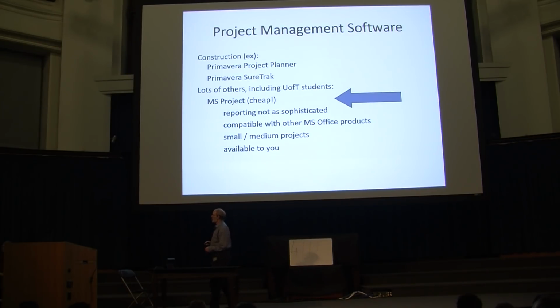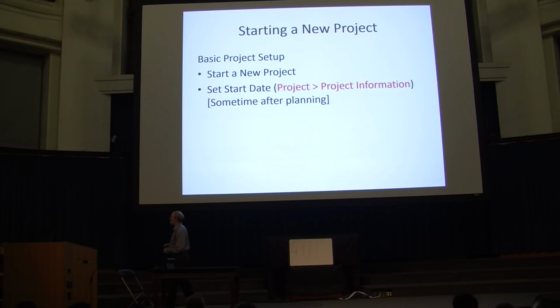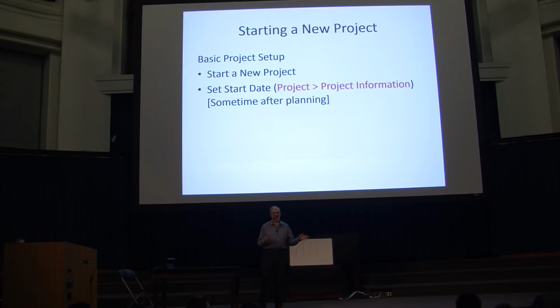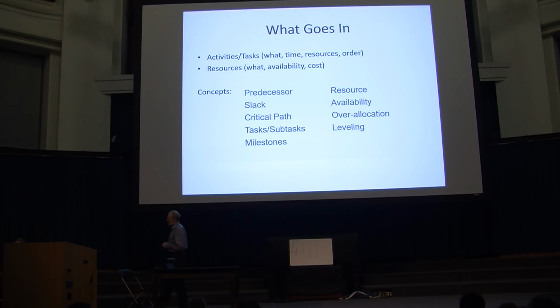So, lots of things. We're looking at Microsoft Project. You first put in some information about the project. You say when you're going to actually start it, the start date, something like that. And you fill in information about the project, like its name, its purpose, that kind of thing. And that sets up all of the reporting and what have you. We're going to go over a number of things.